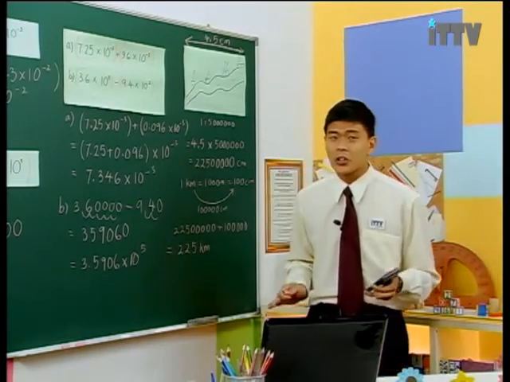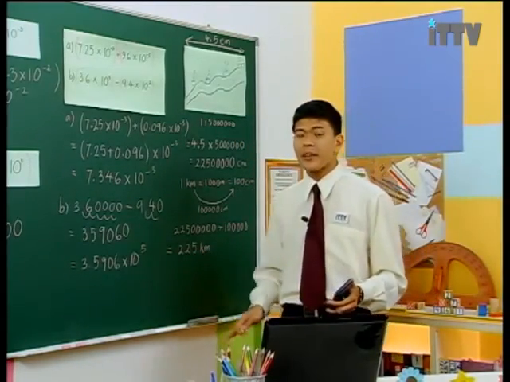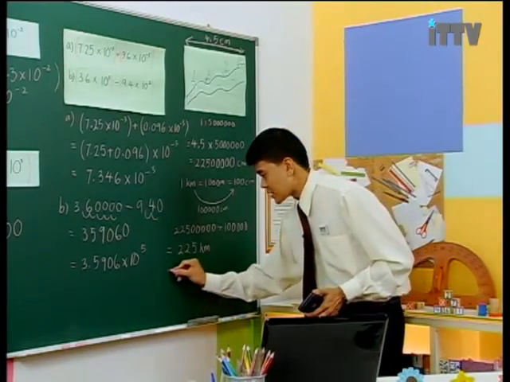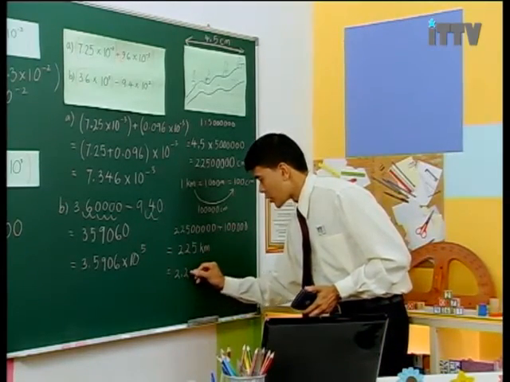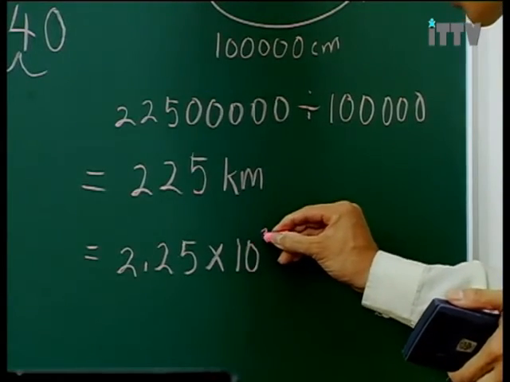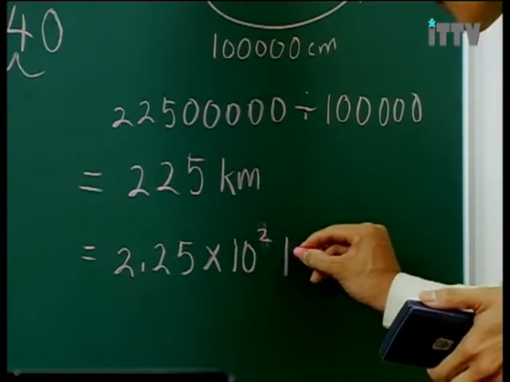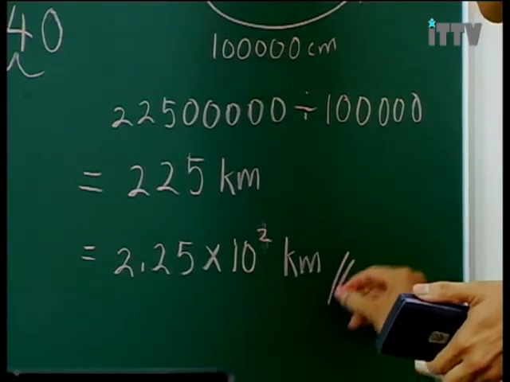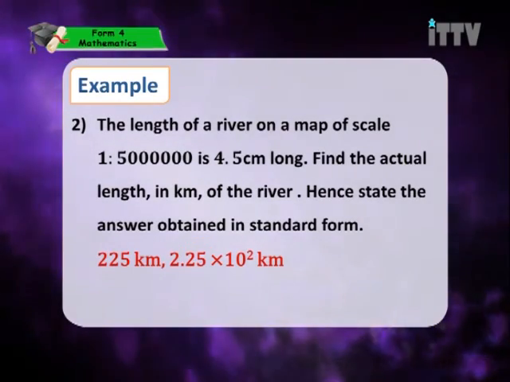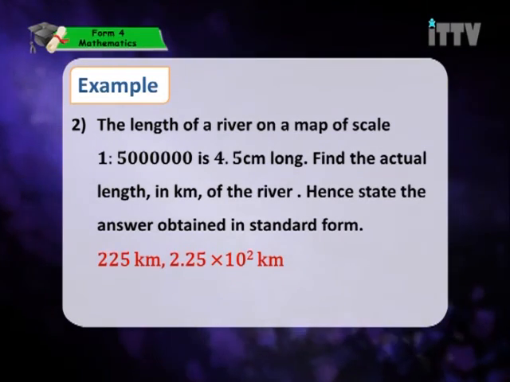But don't forget guys, you have to state the final answer, 225 km, in standard form, which is 2.25 times 10 to the power of 2. You can compare your answers here. It's 2.25 times 10 to the power of 2 kilometers.